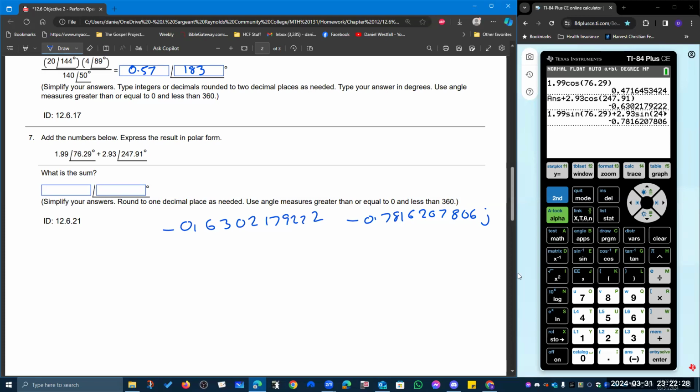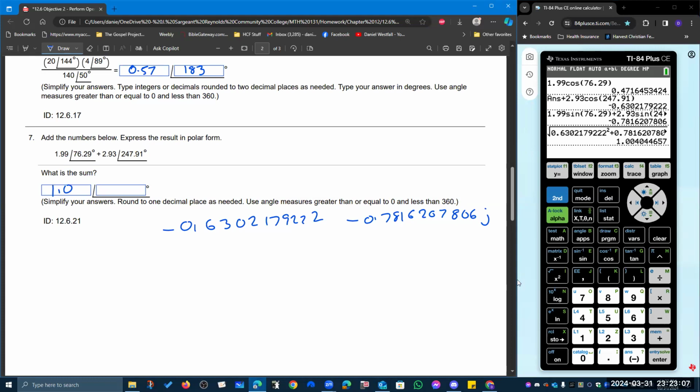So now let's figure out what R is. 0.6302179222 squared plus 0.7816207806 squared is, and then round this to one decimal place, so 1.0. And then let's find out what theta is.